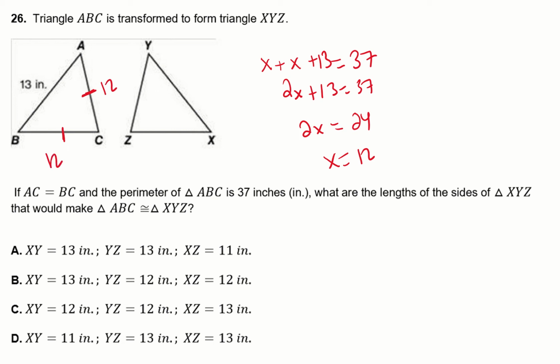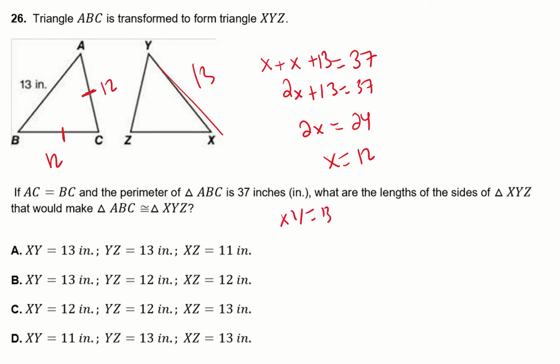All right, so now what are the lengths of the sides of the other triangle such that they're congruent? Well, since they're congruent, we can use this relationship to help us. So we know that AB is congruent to XY, and so AB here has to be congruent to this side. So this side has to be 13. So now we know that XY is 13.